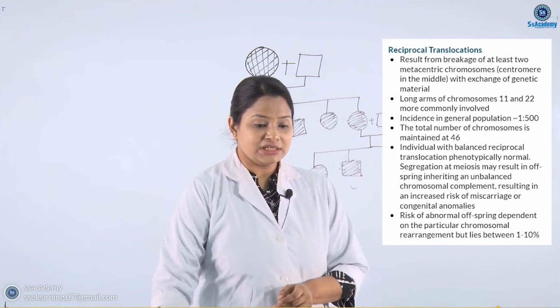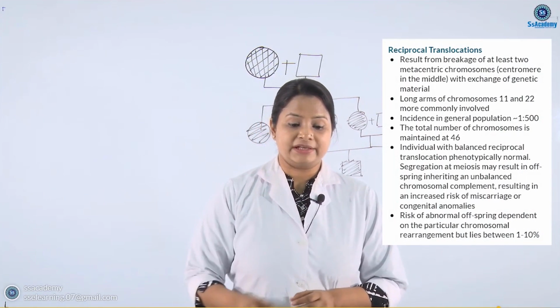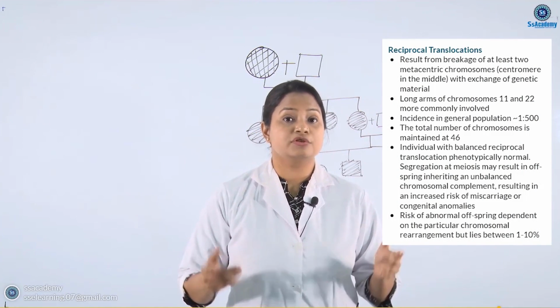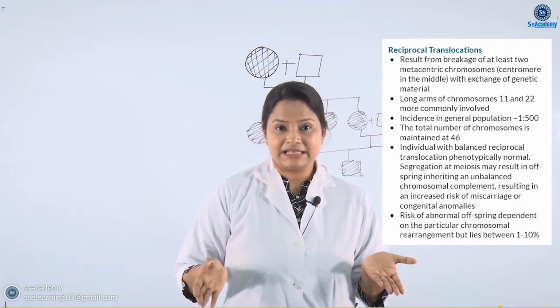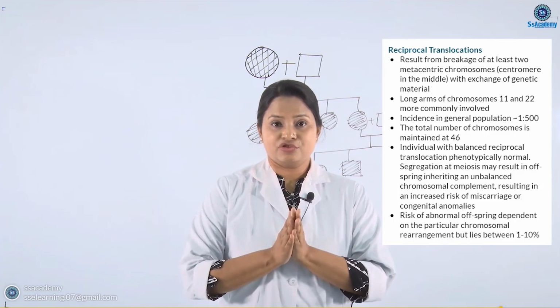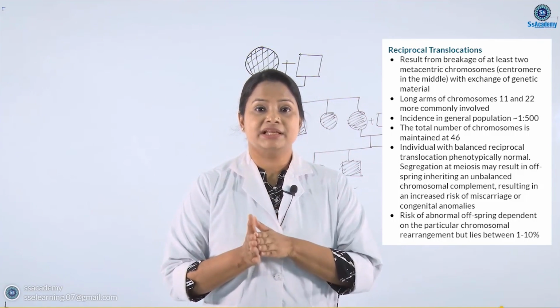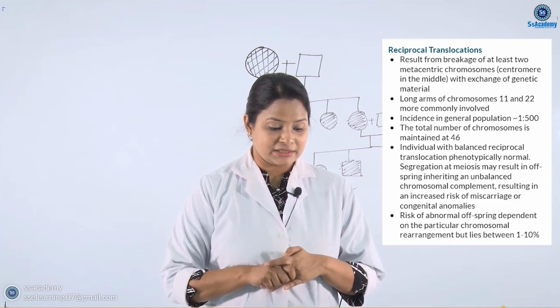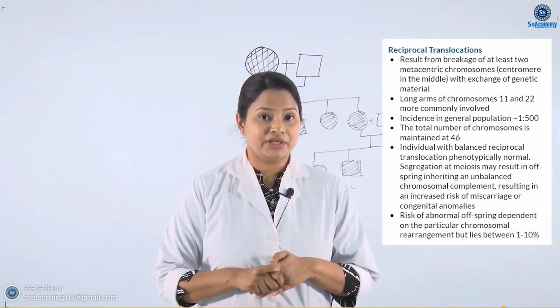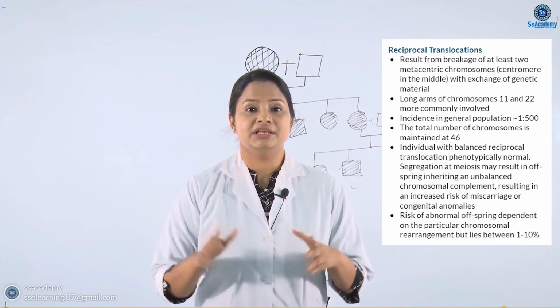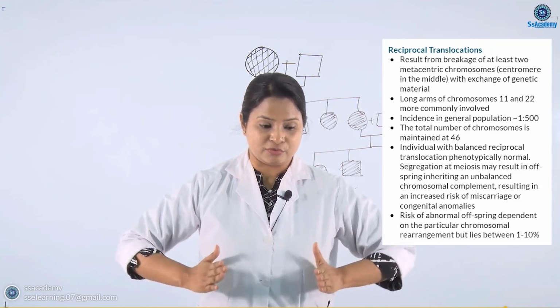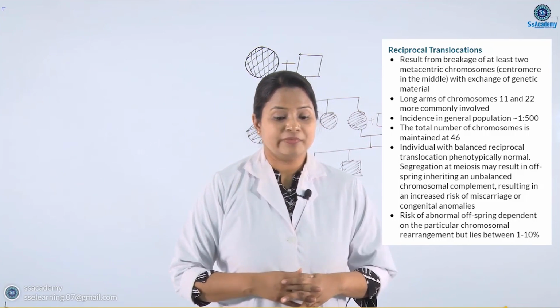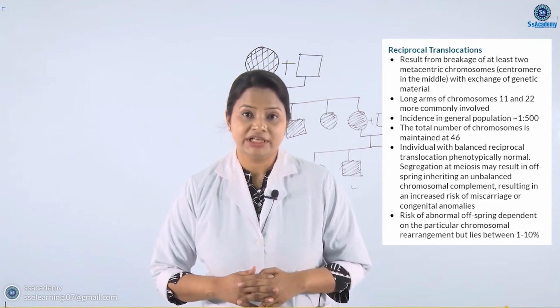Reciprocal translocation results from the breakage of at least 2 metacentric chromosomes. What is metacentric? That is, the centromere lies in the middle, right? So metacentric chromosomes are chromosomes 1, 2, 3, 19, 20. Long arms of chromosome 11 and 22 are more commonly involved.